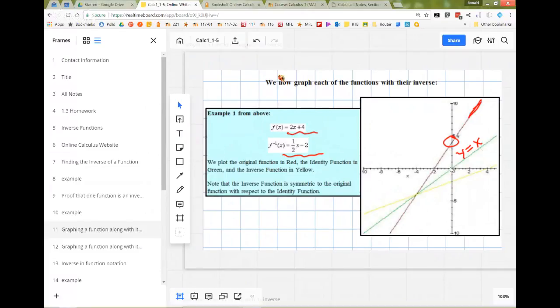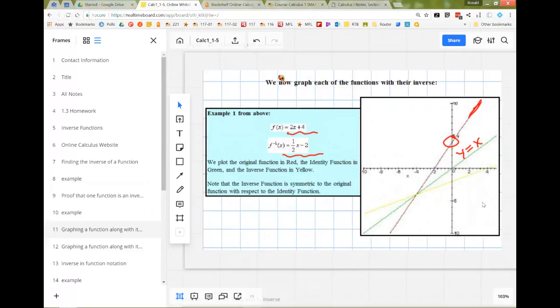And if you put the identity function on there, y equals x, and here's the inverse in yellow. If you tilt your head along the green line, you see how the inverse is the mirror image with respect to the identity. So the identity function acts as a mirror. That will always happen with inverses.